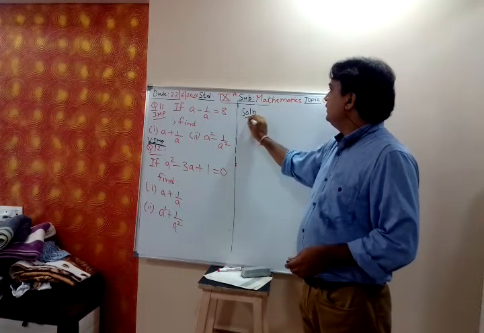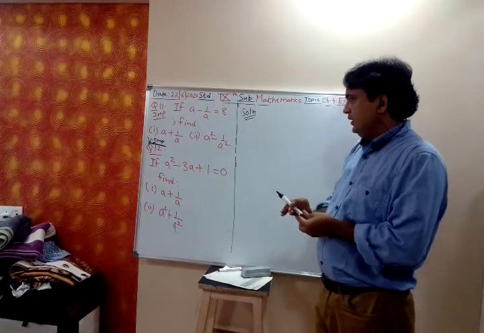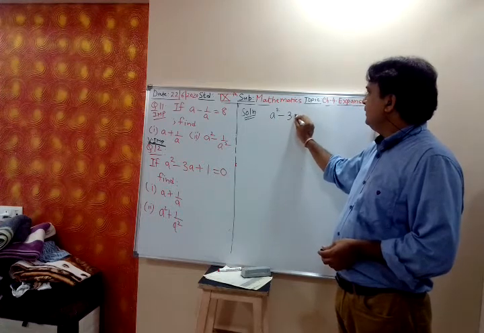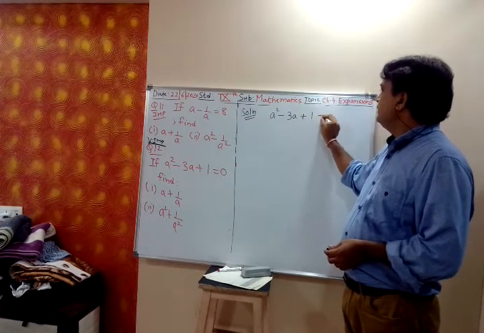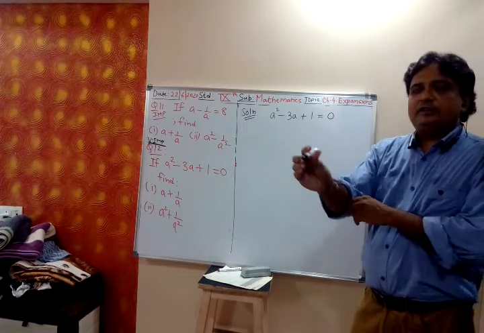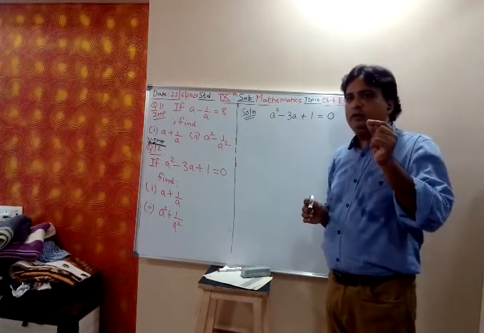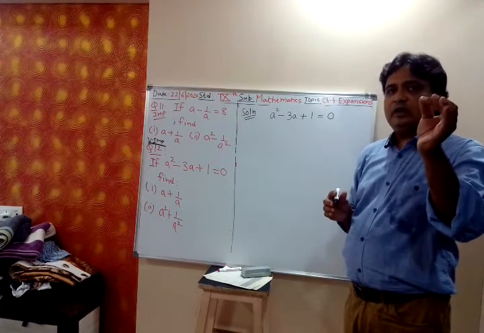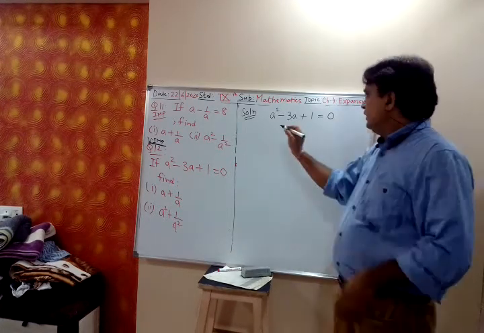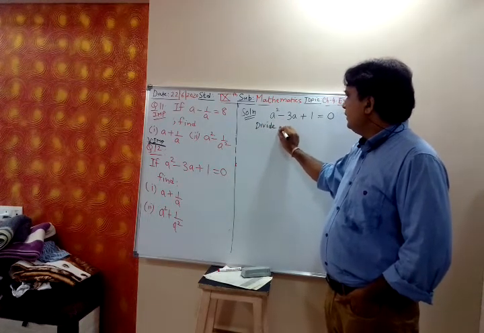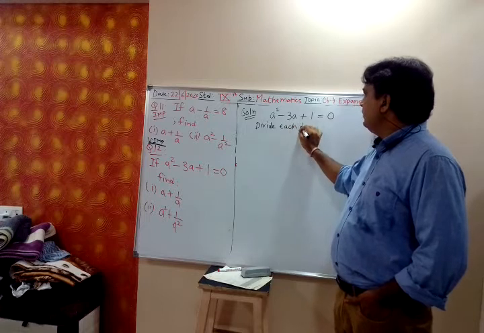Now solution, let me write. A square minus 3a plus 1 is equal to 0. This is given. You are given an equation. So whenever you are given an equation, simplify. Divide each term by a.